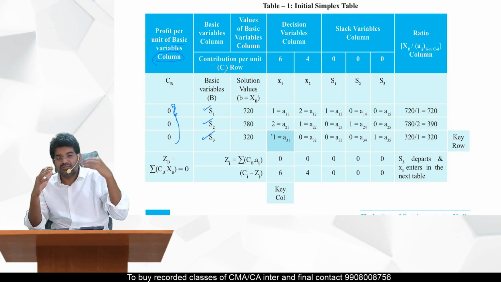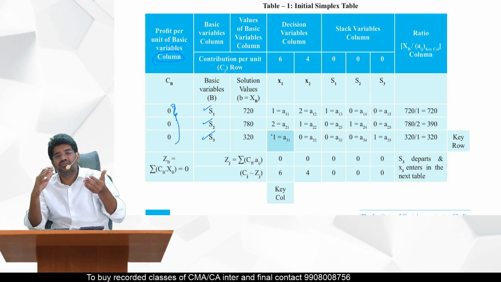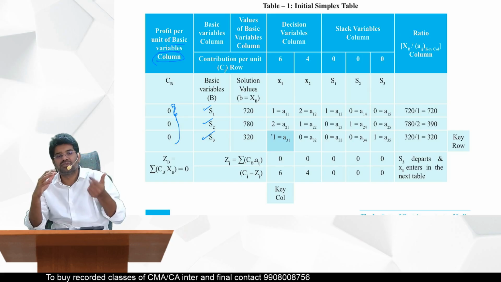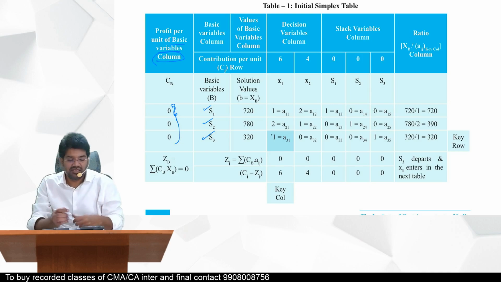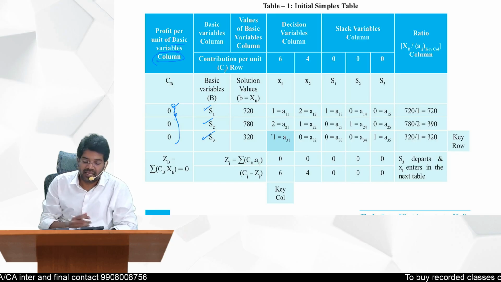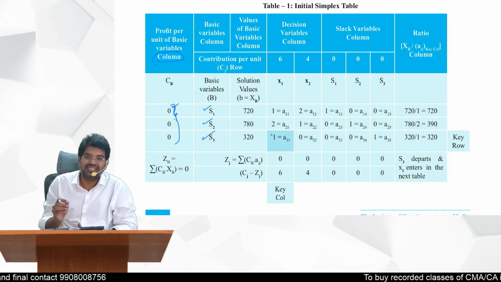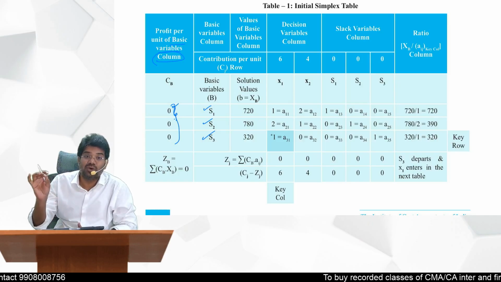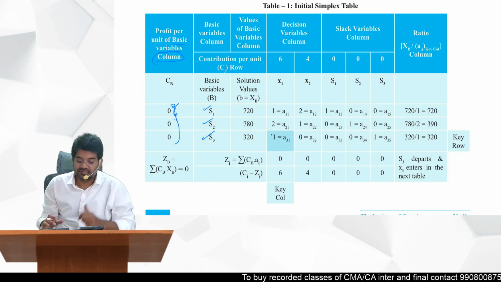Then if x1, x2 is 0 units, obviously s1, s2, s3 will give you 0 only. So that is what I have taken. Profit per unit of the basic variables, s1, s2, s3 profit will be 0 if you produce x1, x2 as 0 units.